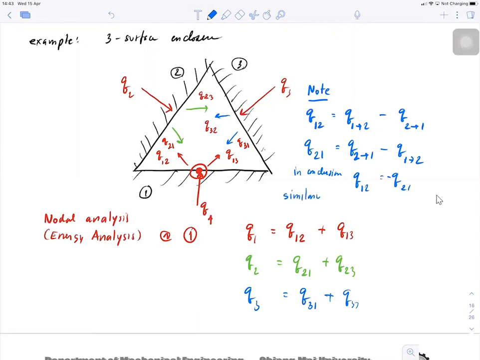Similarly, Q23 is going to be equal to minus Q32, and Q31 is going to be equal to minus Q13. Okay, get it?